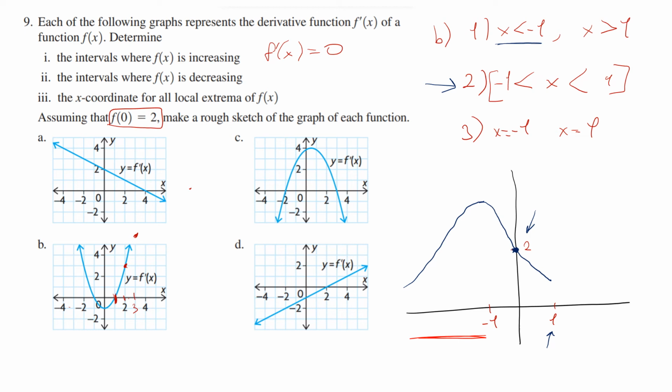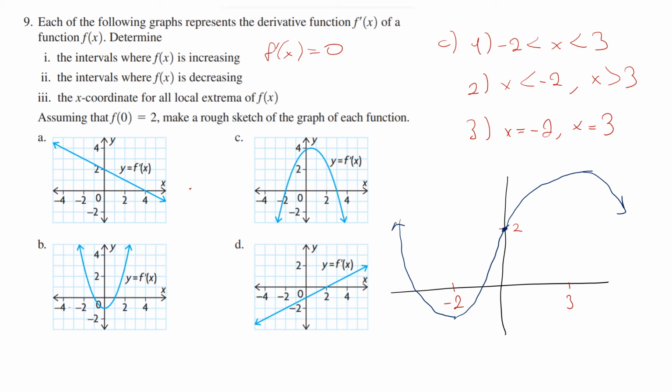And I just need to see what happens after 1. So I know after 1 my function is increasing again, so all I need to do is make that minimum and just keep increasing. So that's the sketch I would have. So this would be the answer for section C also. So I'll just leave it for a couple of seconds and pass on to the answer of D.